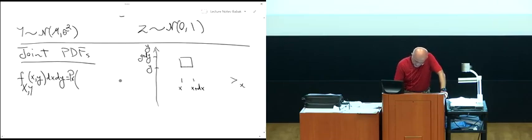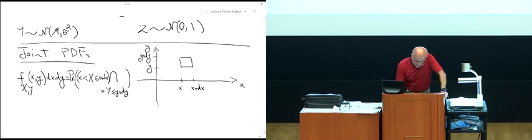So this is the same as the probability that X is between x and x plus dx, and Y is between y and y plus dy. Okay?